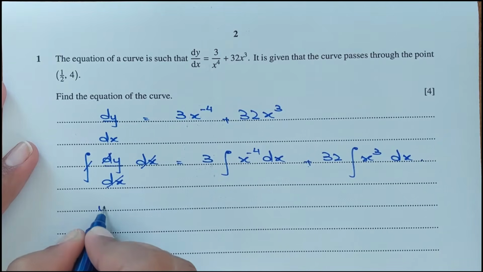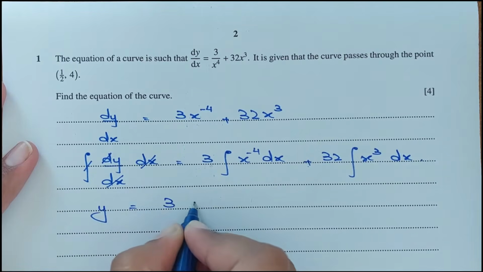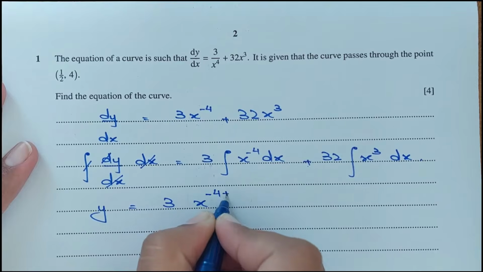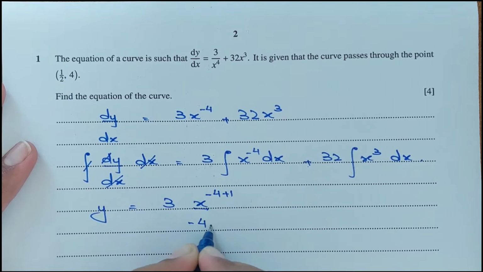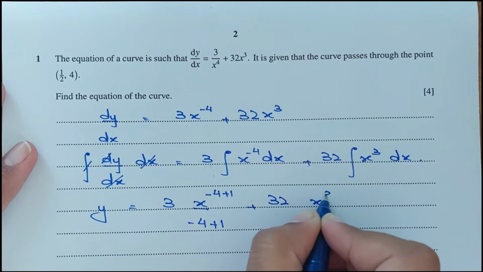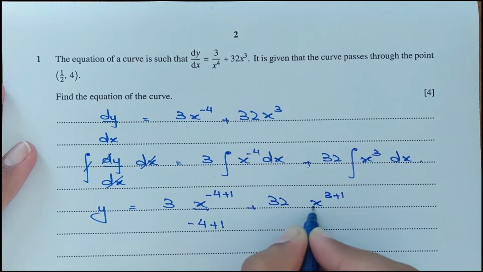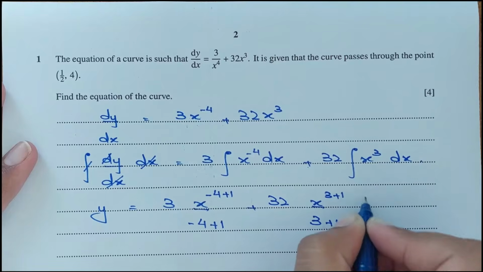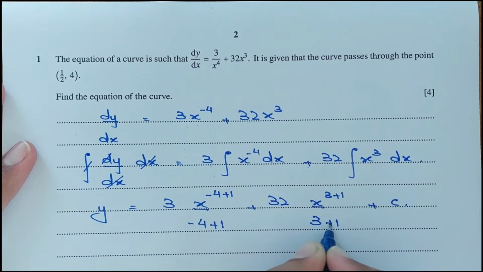We are left with y equals 3 times x^(-4+1) over (-4+1) plus 32 times x^(3+1) over (3+1) plus some constant of integration.